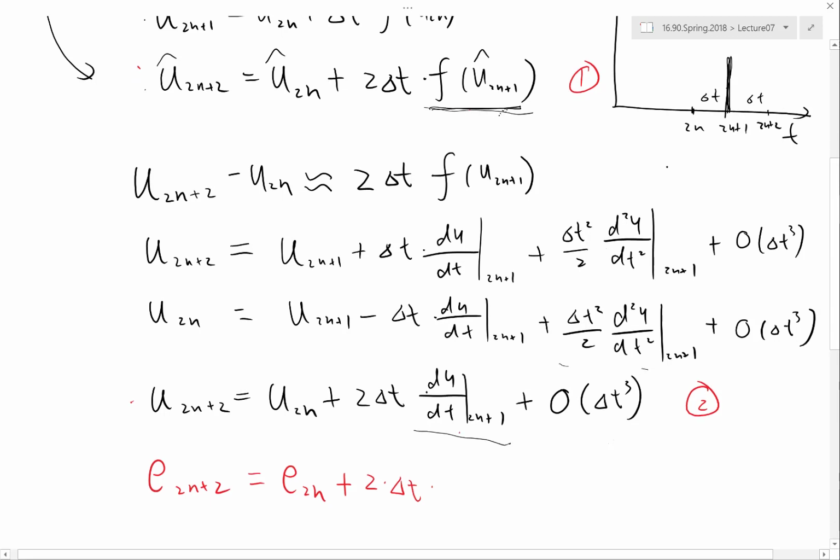And if we can assume the error is small, then the error in the f's is basically, let me write it in scalar form, df du times e at step 2n plus 1. Then at the end I still have this, right?